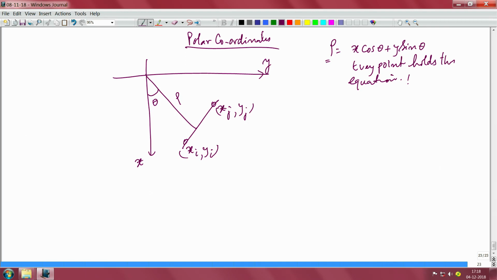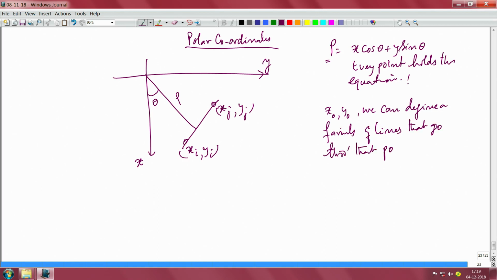In general, for each point x naught y naught, we can define a family of lines that go through that point as rho theta equals x naught cos theta plus y naught sin theta.